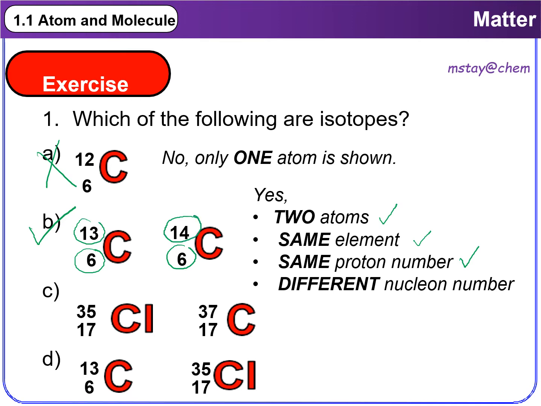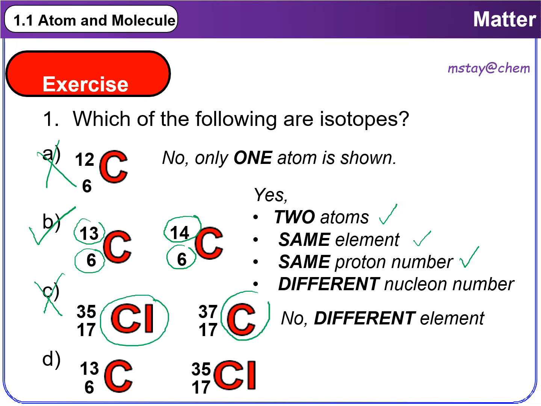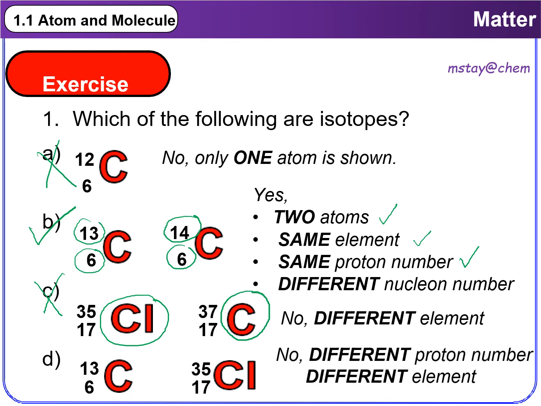For question C, these are not isotopes because they are different elements. D also is not an isotope: first, they are different elements, and second, they have different proton numbers. Only B is an isotope.